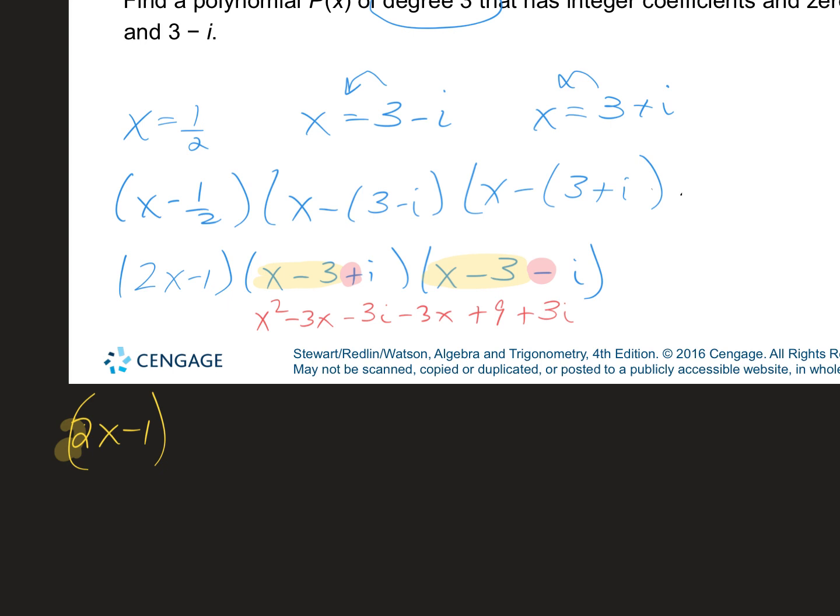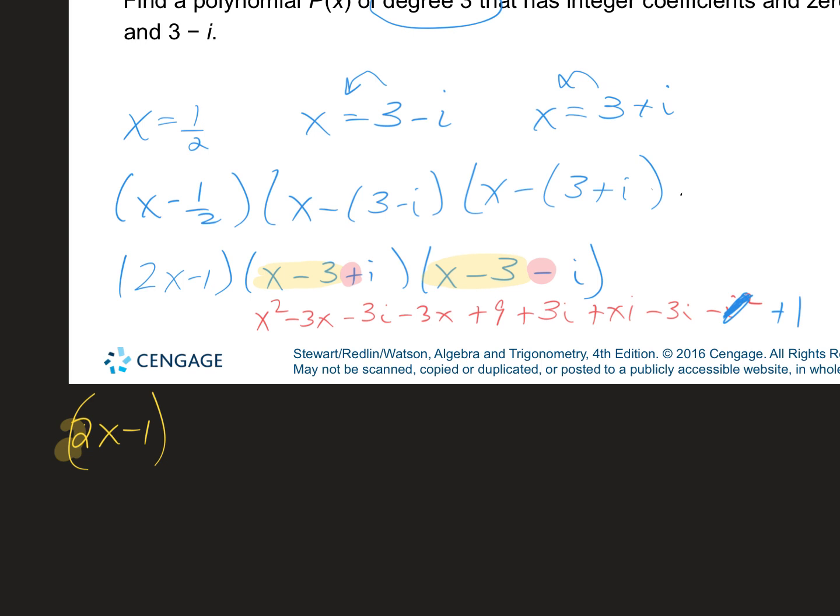Now i times x is plus xi. i times negative 3 is minus 3i. And i times negative i is minus i squared. Everybody with me? Okay, so now there's a lot of cleaning up to do. First thing I see is as soon as I see i squared, I cross that off, and I make it a negative 1, right? So a negative 1 would be plus 1 here.